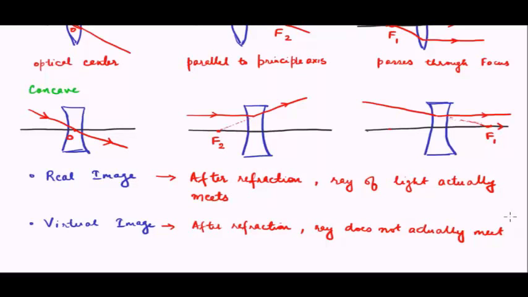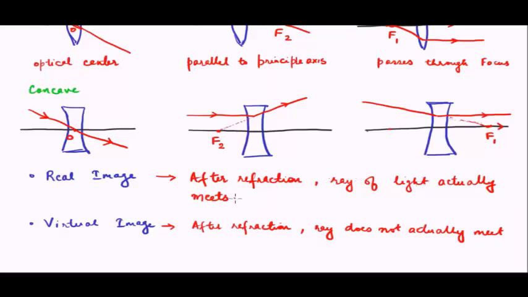Okay, so the virtual image is such that if the rays of light were produced back, then they would have met at a point.